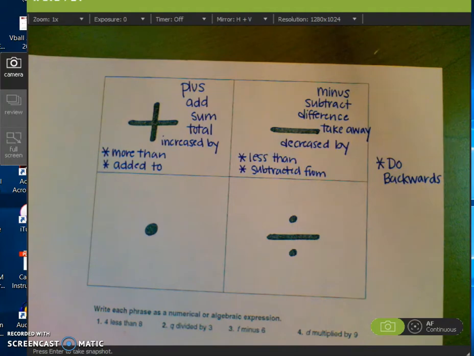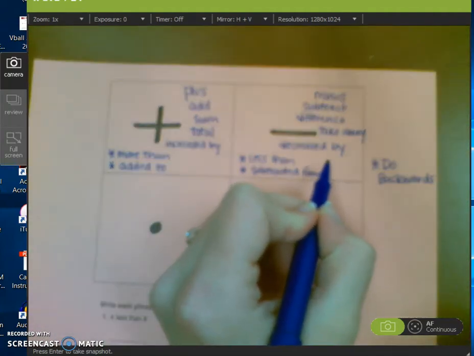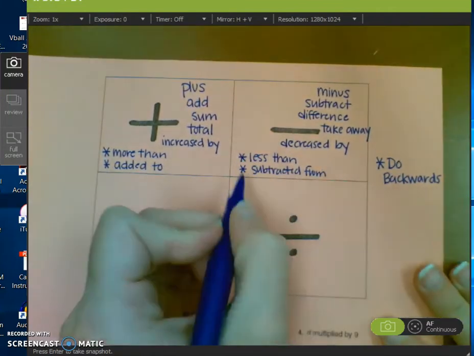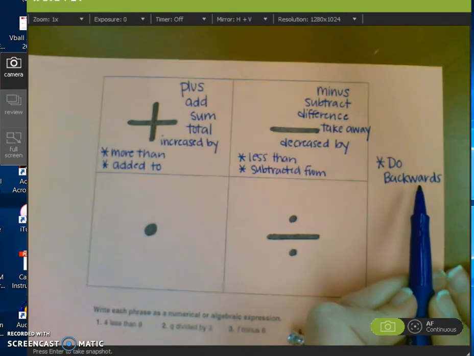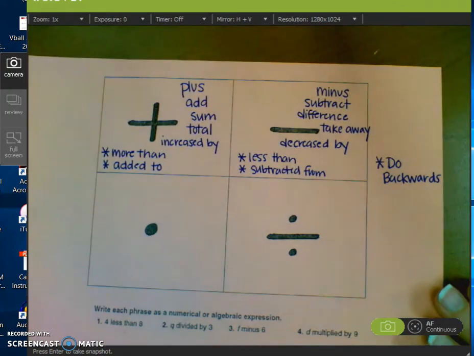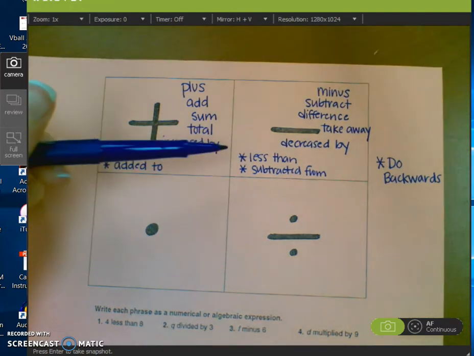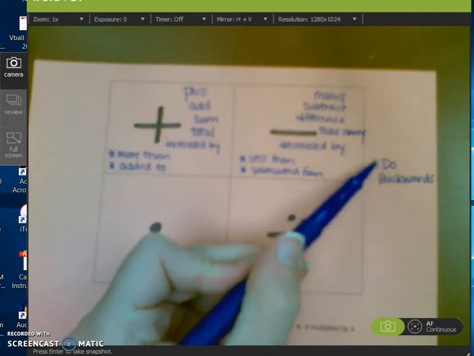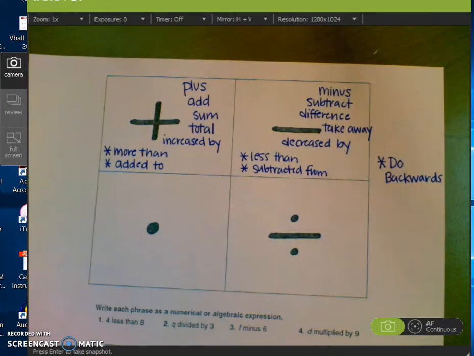So even though it's written with 5 less than 12 at the end, when we write it as a number sentence, we would put 12 minus 5. And I think this will again make more sense when we get to some examples down here. But I just want to make sure that you've got this in your notes. You've got those 4 phrases starred, and you've got another little star here telling you that those are the ones that you need to do backwards.